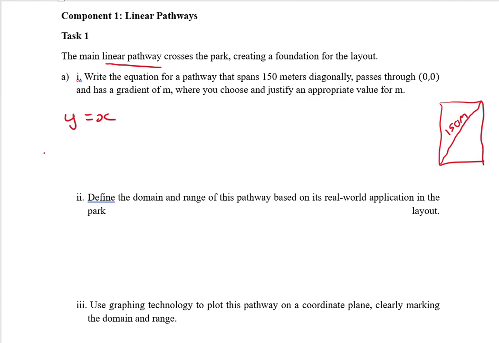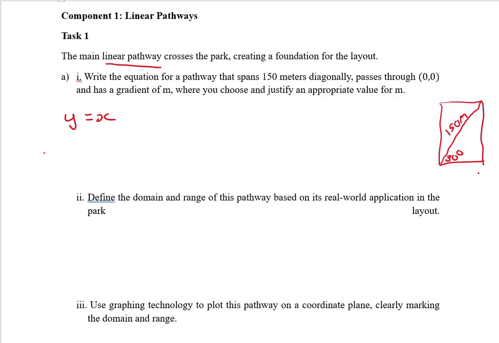You could have picked a value, and I could have gone, okay, I want 45 degrees or 30 degrees. So I could have put 30 degrees in here. 30 degrees will be my gradient, and I would have put that in front of my x value. I could have used that then to work out my domain and my range by using my basic understanding of trig.